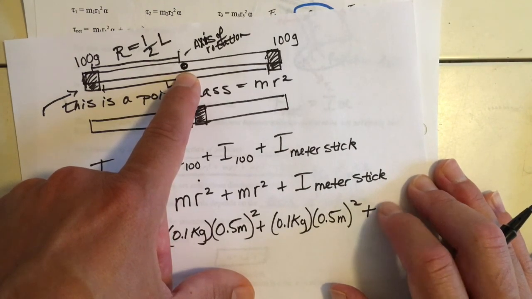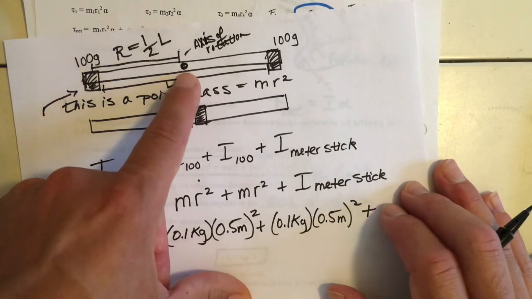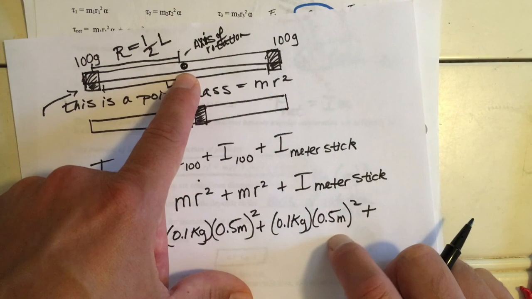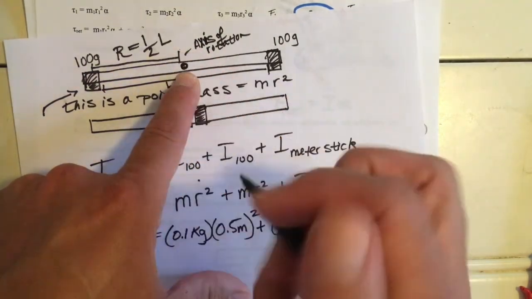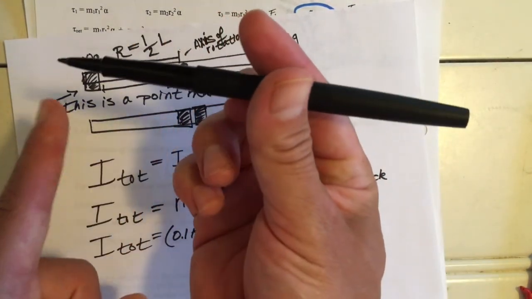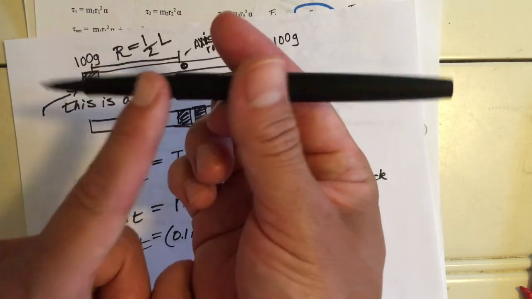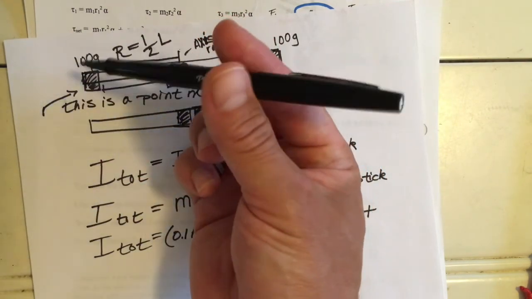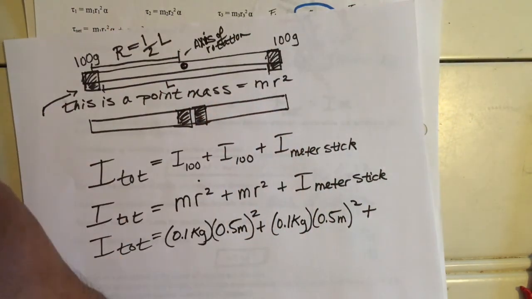Then I of the meter stick would be 0.2 times 0 squared. You're telling me that this has no moment of inertia? This mass that's got a weight here and here and here and here has no moment of inertia? That's ridiculous.